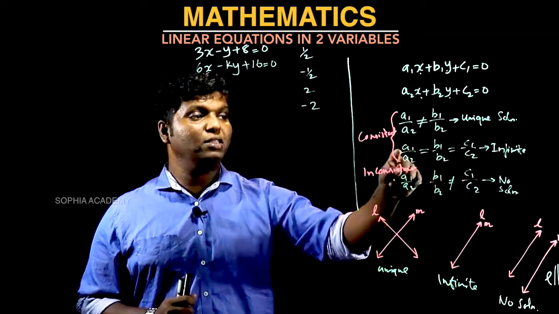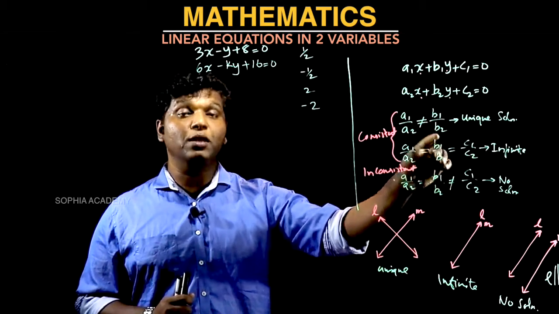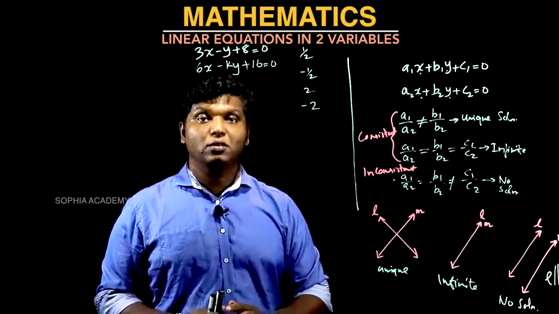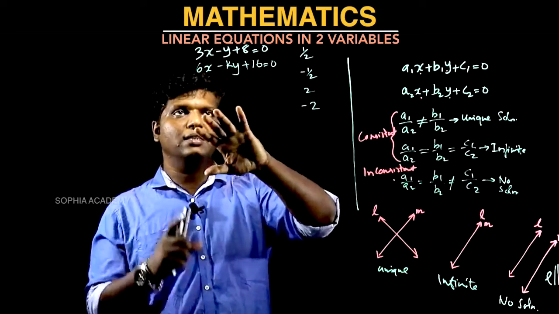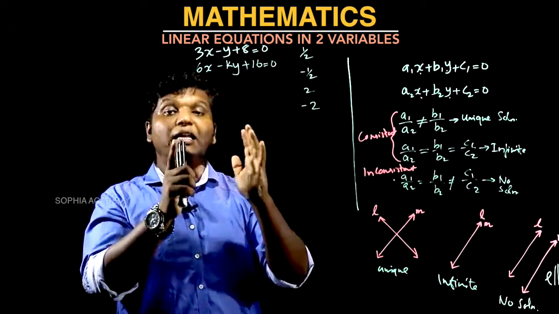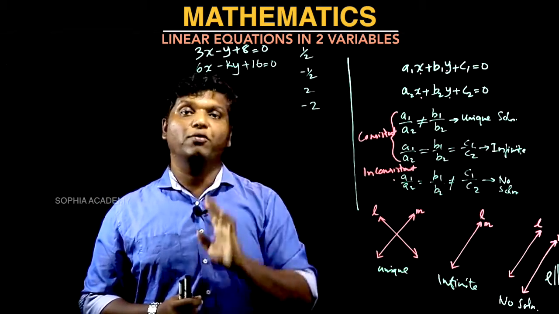Here it is clearly mentioned: a1 by a2 should be equal to b1 by b2, and that should be equal to c1 by c2, and that condition satisfies that those two equations are going to have an infinite number of solutions. So in other words, this question is asking that there are an infinite number of solutions for this one, and in that case you have to find the value of k.